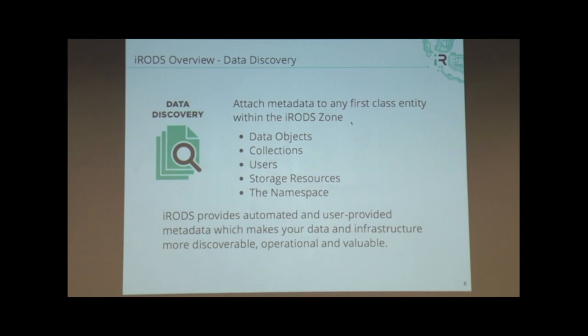Having file names and putting things in a certain directory just isn't enough when you have millions and millions of files. So we can put metadata on these objects, and that allows you to discover what you have. And the metadata can be generated automatically based on what is in the object when it was ingested. Basically, the rules that you have can automatically populate metadata on the file.